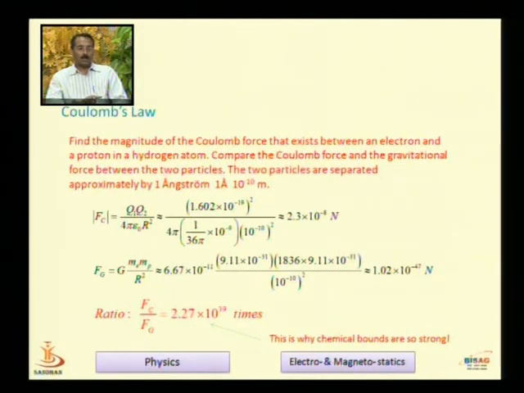This is also the main reason why chemical bonds are so strong, because these chemical bonds are due to Coulomb attraction between different types of charges. From this example, you can easily realize that the Coulomb force is a very, very strong force compared to gravitational force, right?